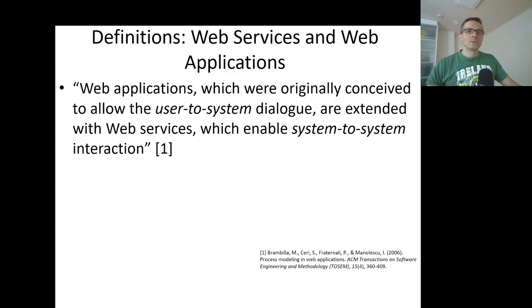When we talk about web services, we talk about system-to-system interactions. So web services are from machine to machine or from software to software interactions, and the user is not a part of these interactions.